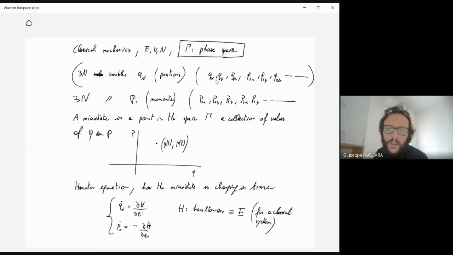The Hamiltonian can contain kinetic terms and potential terms and so on and so forth, okay?